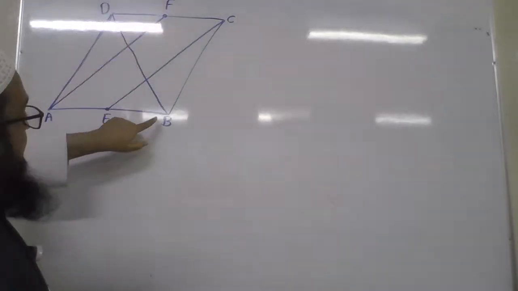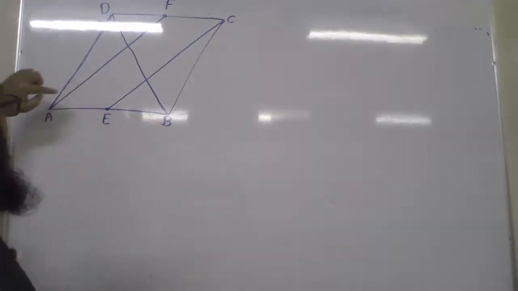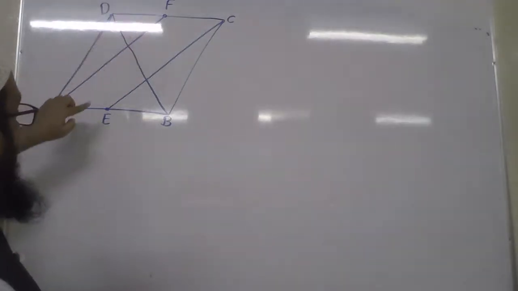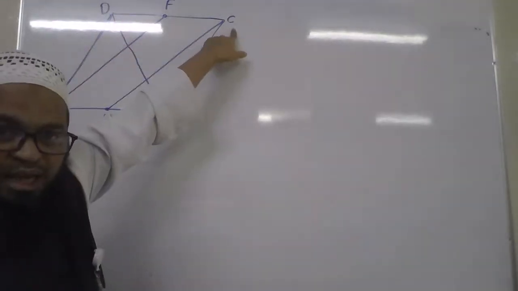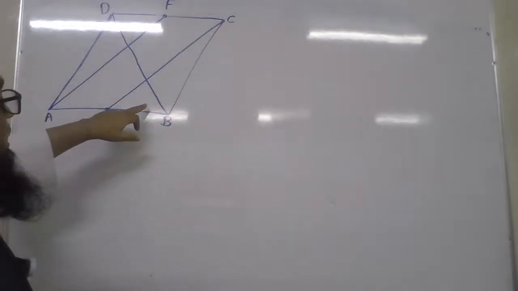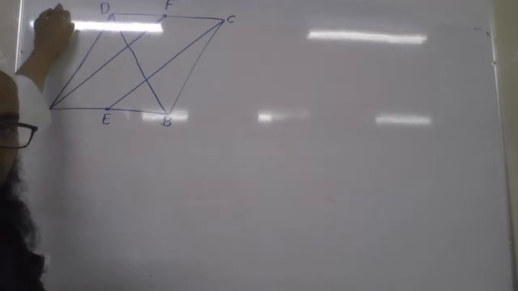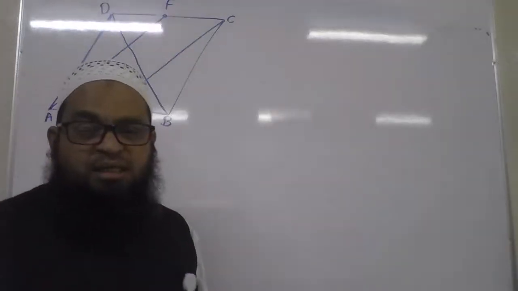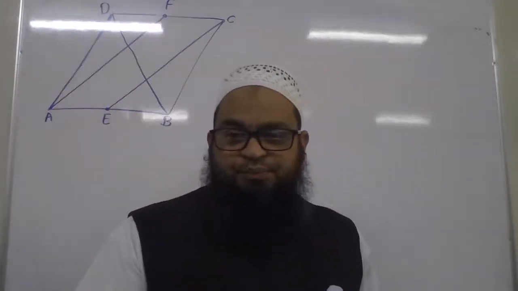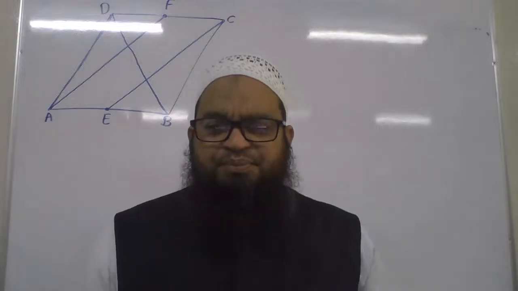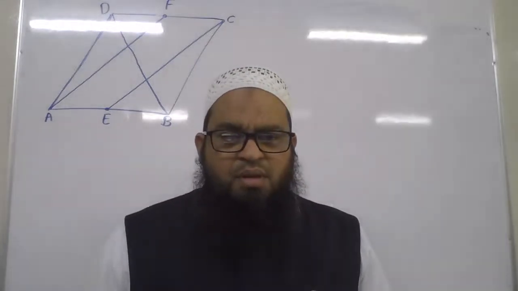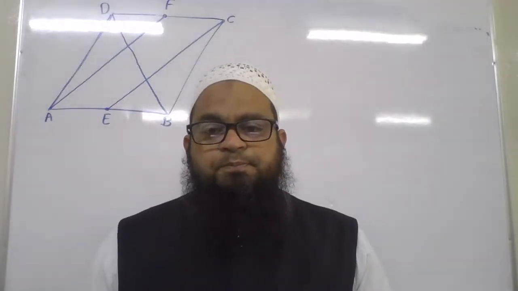And now he is telling that AF and EC trisect BD. What is the meaning of trisect? Bisect means what?